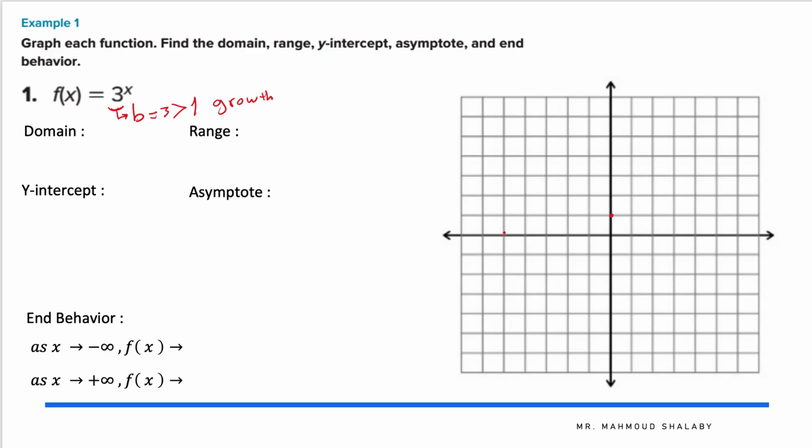If you use a calculator, you will find very small values, like 0 point something. I'm not using a calculator now, but you can. You will find these values are very small, so the graph will not touch the x-axis, but there will be points very close to the x-axis until you come to -1, where it will be 0.333, a third of the distance between 0 and 1.